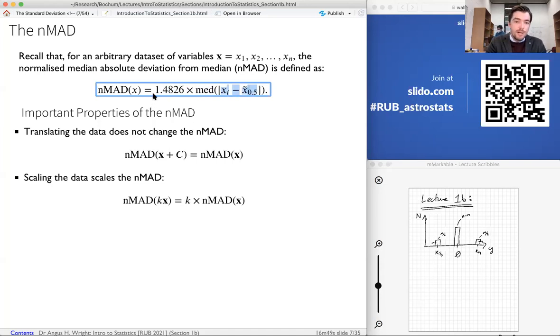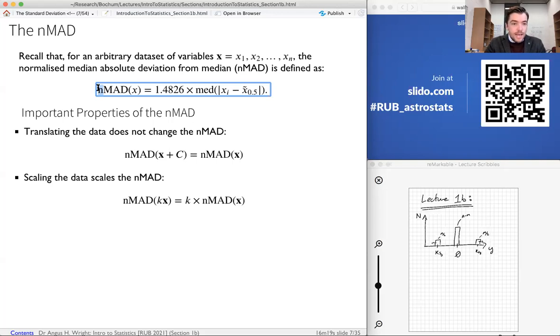This funny number, you might recall from last week, comes from this normalization. And that means normalization in the mathematical sense, where with that prefactor, the NMAD produces the same value as the standard deviation for normal data, so for Gaussian data in the limit of large n.